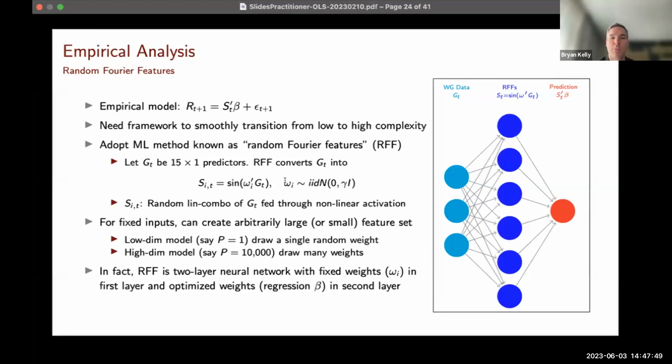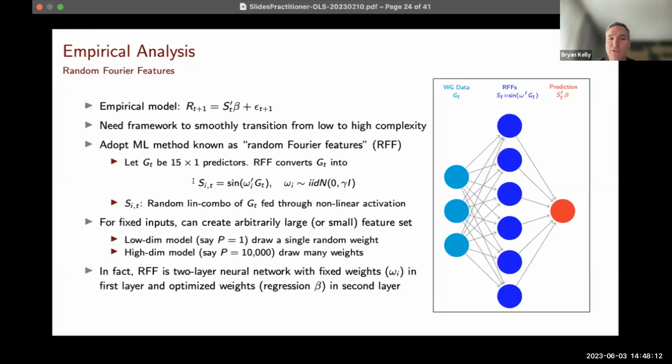So if I want to produce one predictor, a very simple model, I'll draw one set of weights, a 15-dimensional vector. I'll use that vector to add up my 15 signals, and then I'll take a nonlinear transformation of them, right? That's my activation, and I end up with one predictor. If I want 1,000 predictors, I'll draw 1,000 weights.